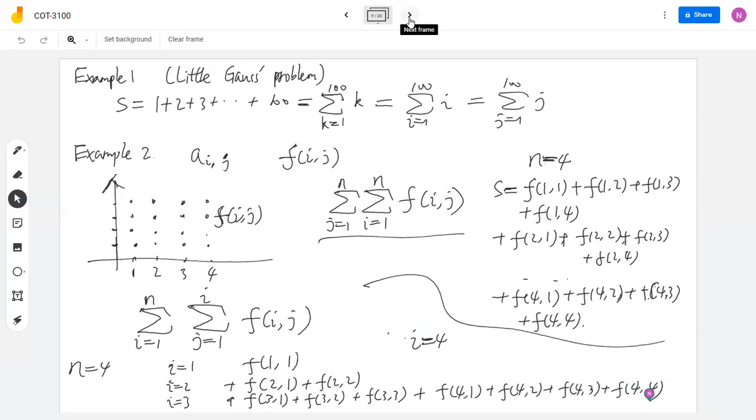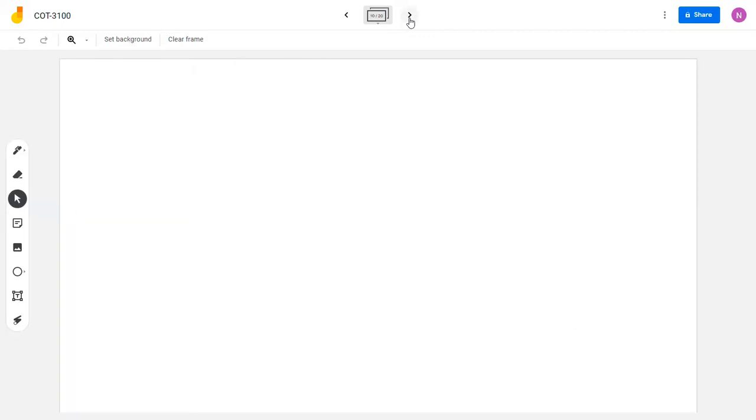So what is this doing? We are summing over all the lattice points below the line i equals j. That means we are summing over the lattice points in this region.